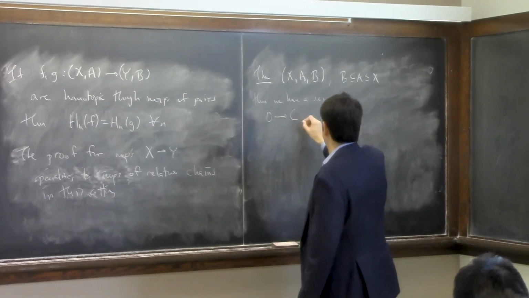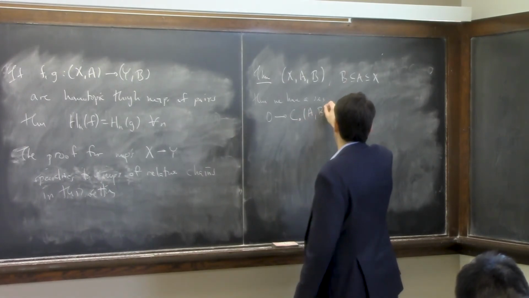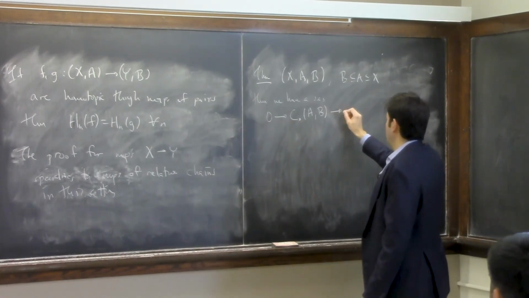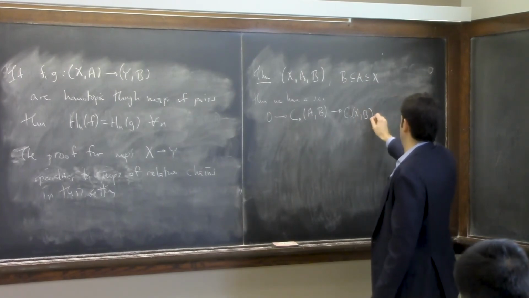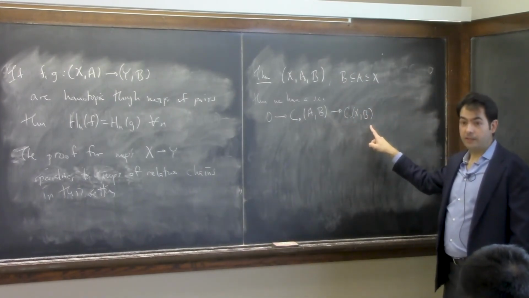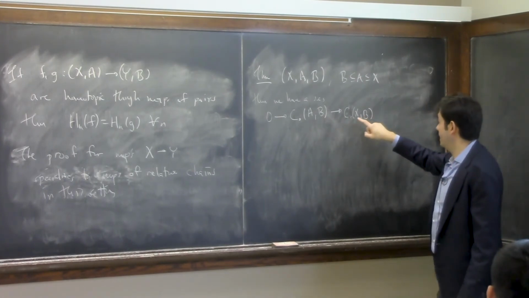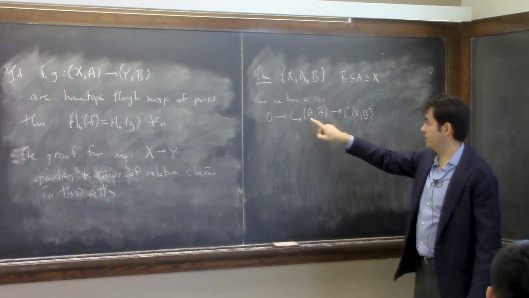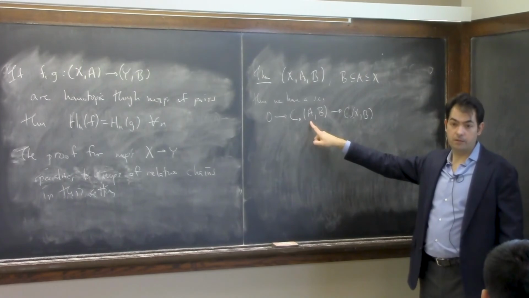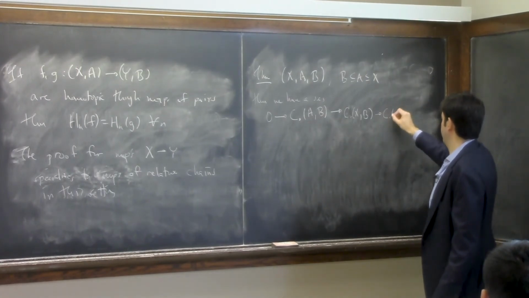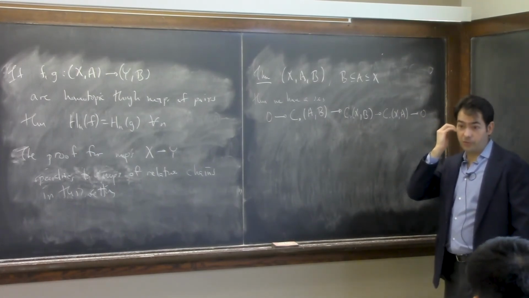So you have the chains of A relative to B. And that includes, because a chain in A is a chain in X, so that just includes here. And then if you were to take the quotient of this by this, right, so you have a chain in X and you don't care about B, and here you have a chain in A and you don't care about B. If you take the quotient, then you have a chain in X and you just don't care about A, right? So that's a short exact sequence of complexes.